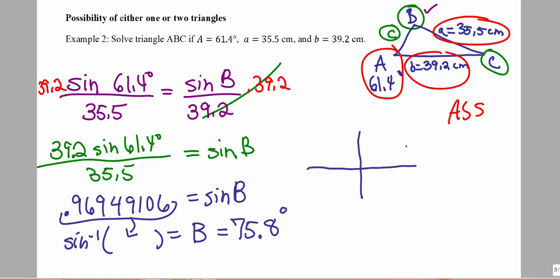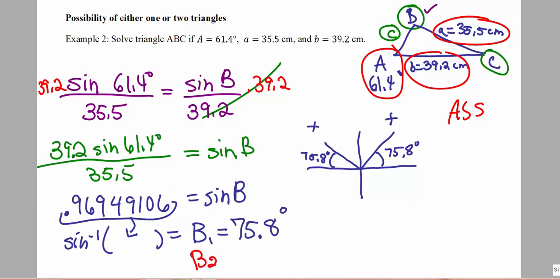Now we want to be careful, and this is where the ambiguity arises. In other words, this is where we have the possibility of maybe one answer or two answers coming out. The quadrant 1 angle is 75.8 degrees. Now, sine is positive in quadrant 1 and also in quadrant 2. So we could be actually describing two different angles. And the quadrant 2 angle, having that same positive sine value, would have a reference angle of 75.8 degrees.